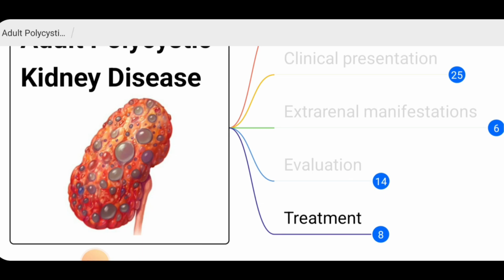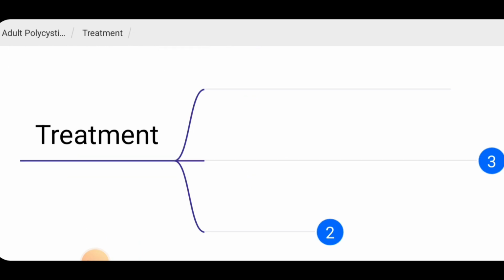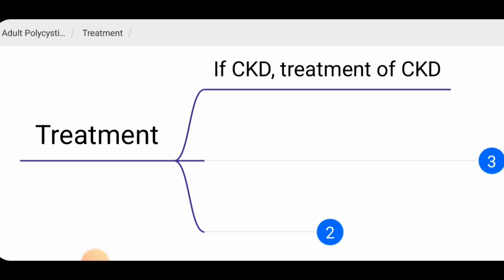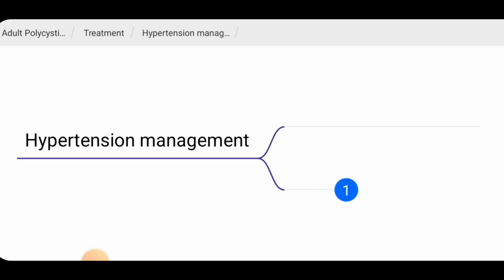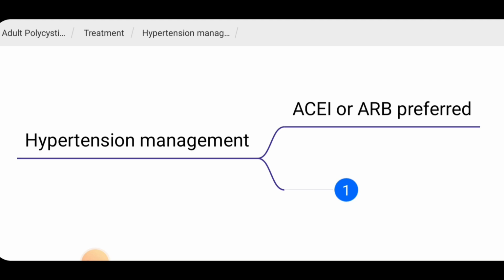What are the treatments? As you know, if a patient has adult polycystic kidney disease, we cannot reverse that condition. However, we can prevent the complications. If the patient develops CKD, then we have to do treatment of CKD. If the patient has hypertension due to this, then we can do hypertension management.